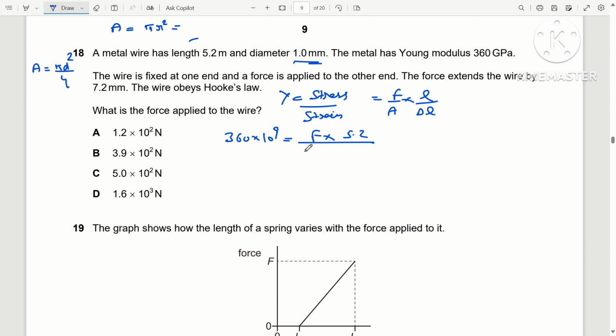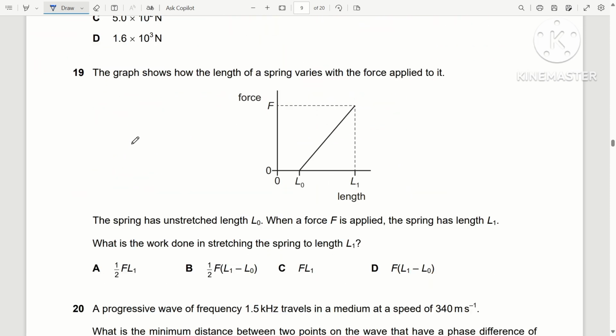So it will come out to be pi into d squared, with 1 mm converted into meters, 10 raised to power minus 3, squared, and 4 we can write here, multiplied by delta L, that is the change in length. Our extension is 7.2 mm, so it will be 7.2 into 10 raised to power minus 3. On substituting all the values and calculating, you will get force F is equal to 3.9 into 10 raised to power 2 Newtons. So option B is correct.